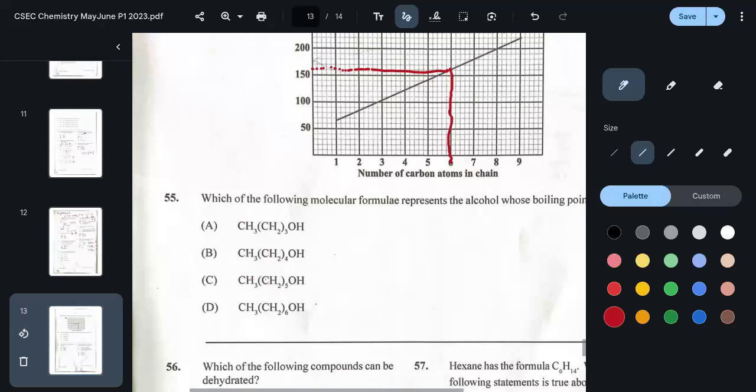So this has six carbons. This has seven, this has five, and this has four. So the answer is C, as I said.